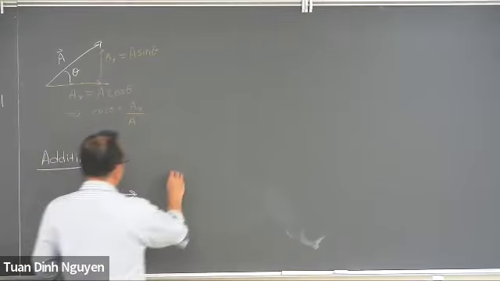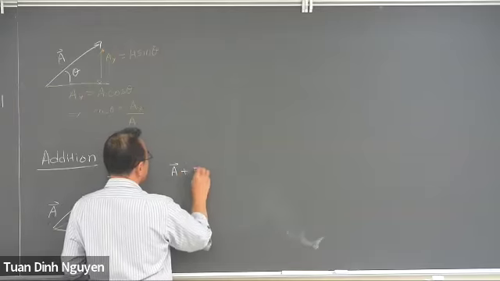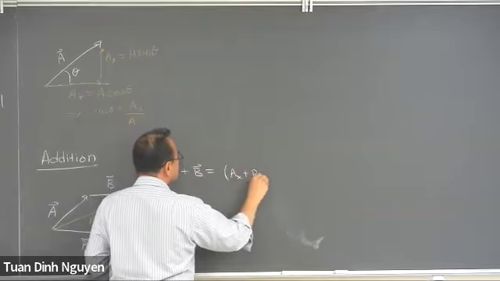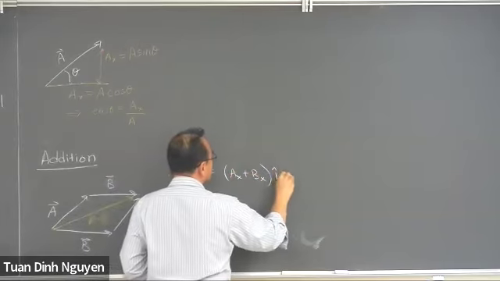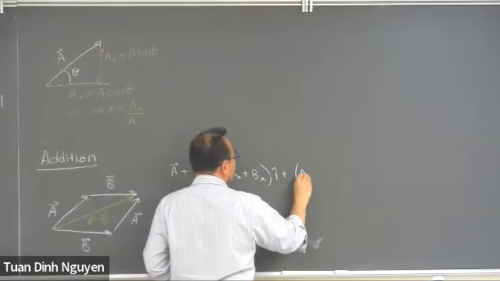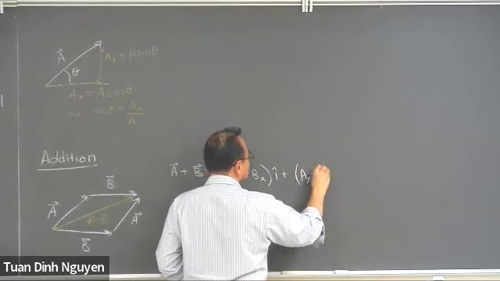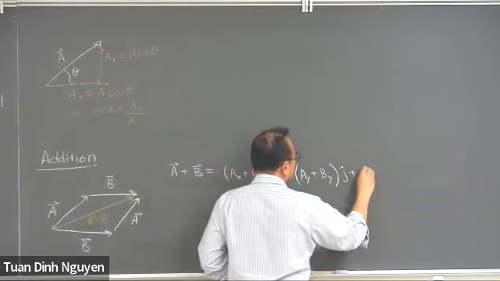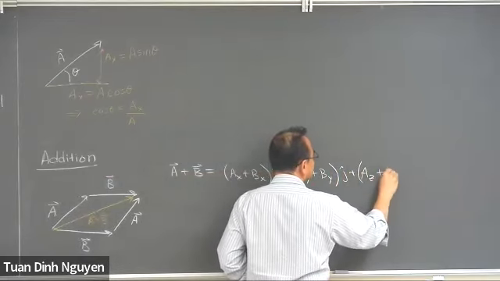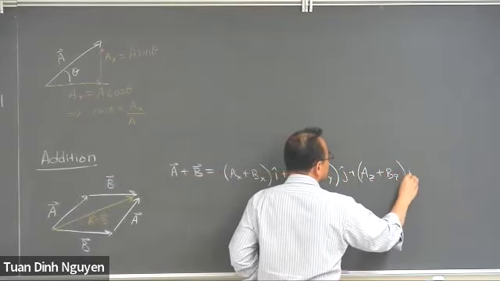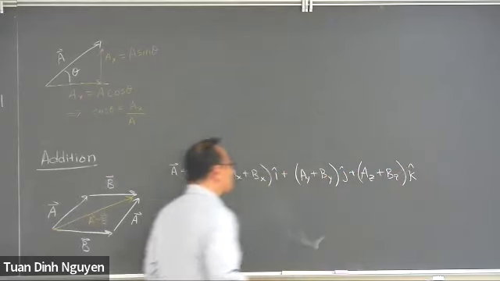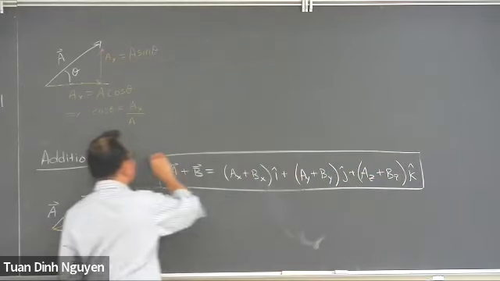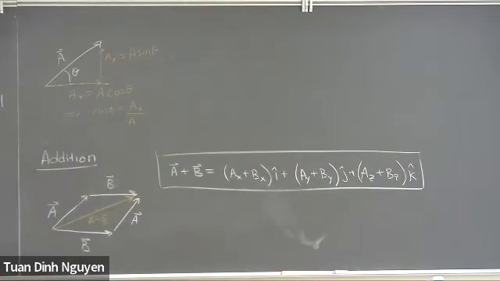If you're given Cartesian coordinates, then it's very easy. AX plus BX, AY plus BY, plus AZ plus BZ times K. That's very important.